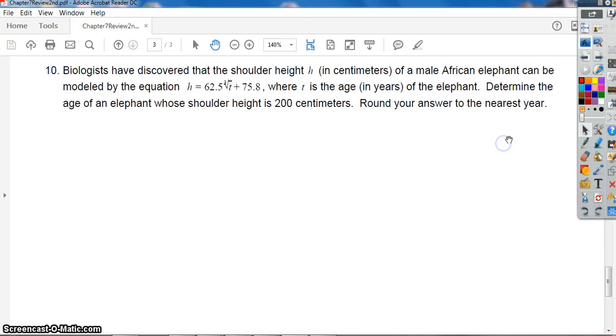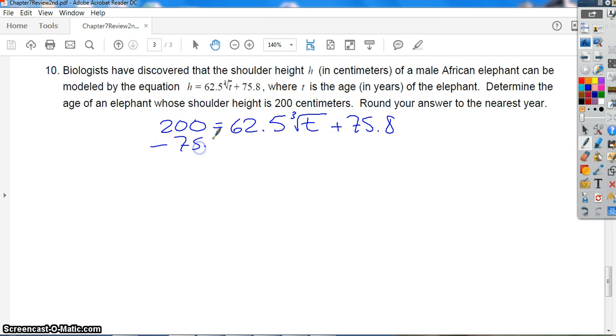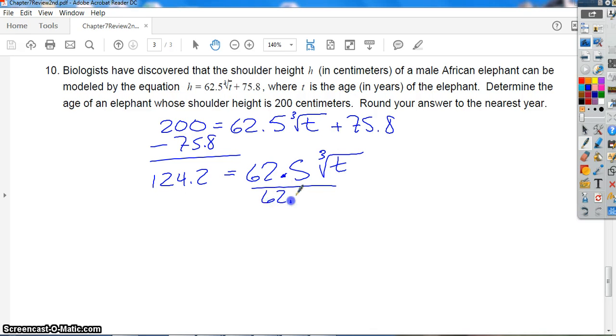And finally, your elephant problem. Okay. So all we have to do is basically put in 200 for h, and we're going to solve for t. So this is 124.2. I'm going to divide by 62.5.